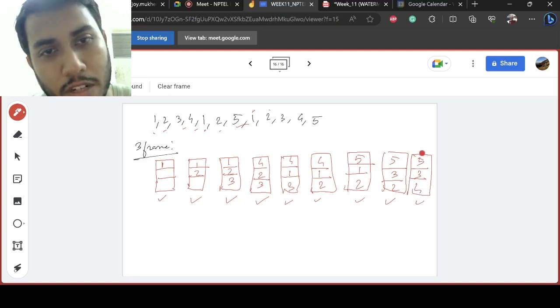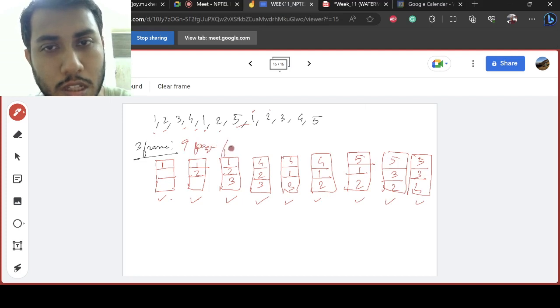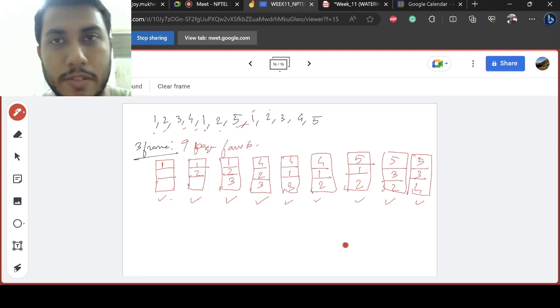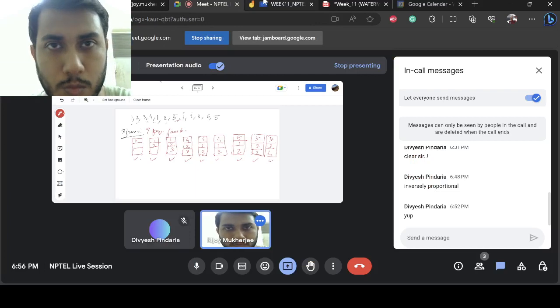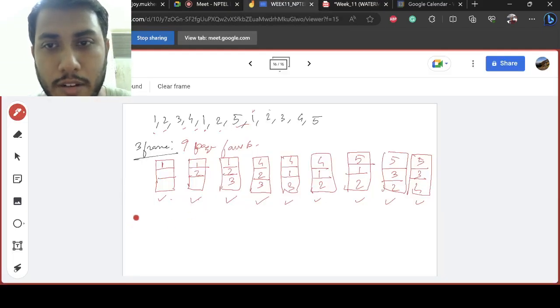And then 5 is requested, which is already present. So counting them, 1, 2, 3, 4, 5, 6, 7, 8, 9, there are 9 page faults. Right. Now look at the 4 frames.